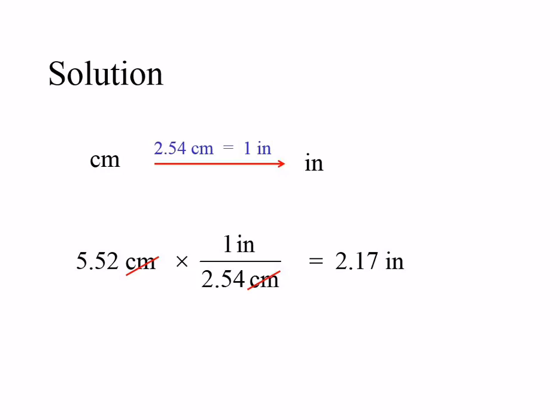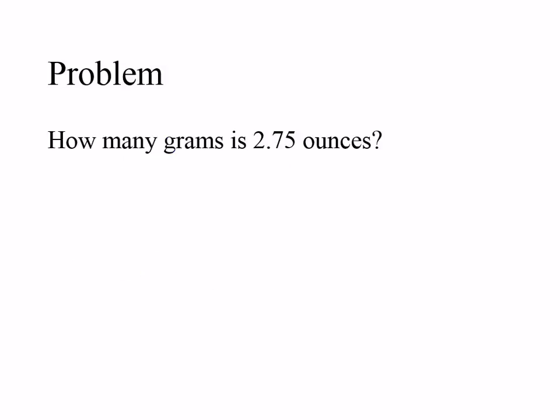Now, what those both had in common was that the first term was the thing we want to convert, and there was one equality to basically get from old units to new units. There was one equivalency statement. We could do that. Now we're going to take it up a notch.